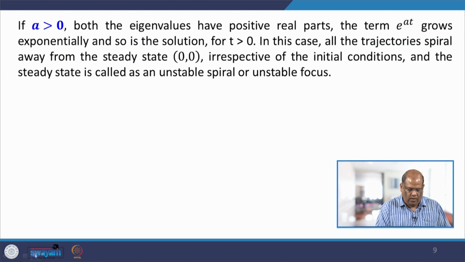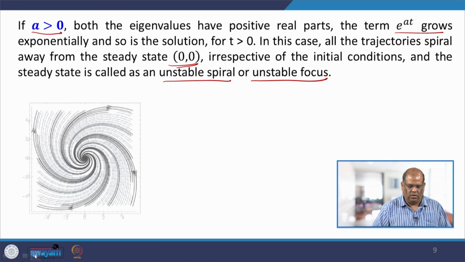When your A is positive, obviously the eigenvalues have a positive real part. In this case, e to the power at grows exponentially, and the trajectory will spiral away from your 0, 0 irrespective of whatever the initial condition may be. It is called an unstable spiral or unstable focus.